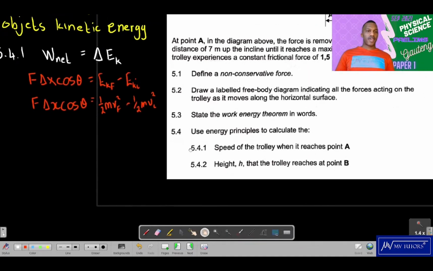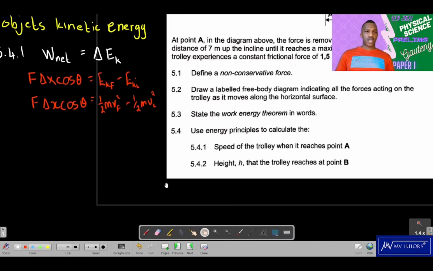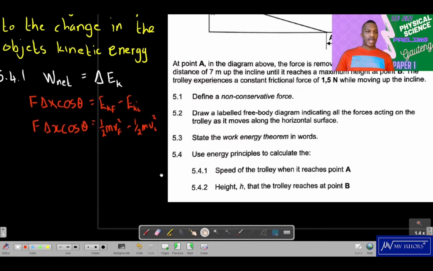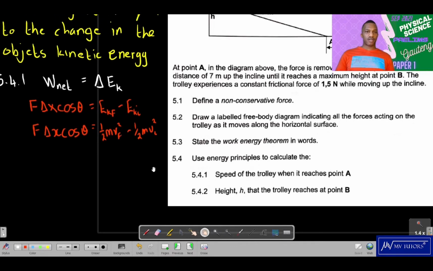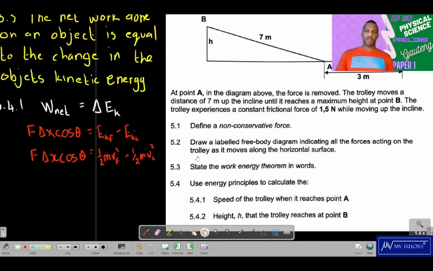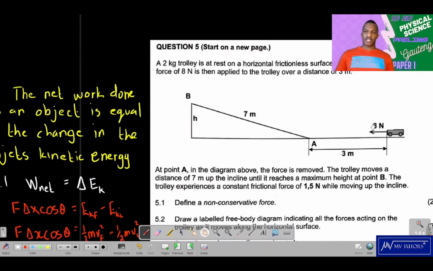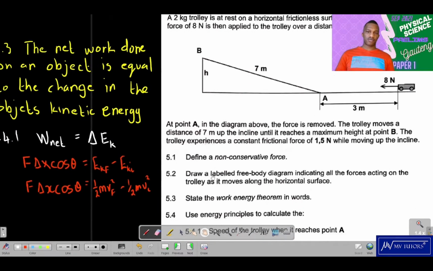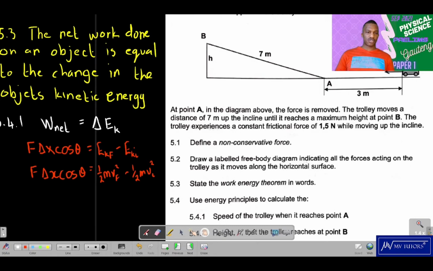Now we have everything we need. We just need to plug and play. Let's start with the force. The force we have is this 8 kilonewtons. So let's just put that down. And then what's going to be my change in x?